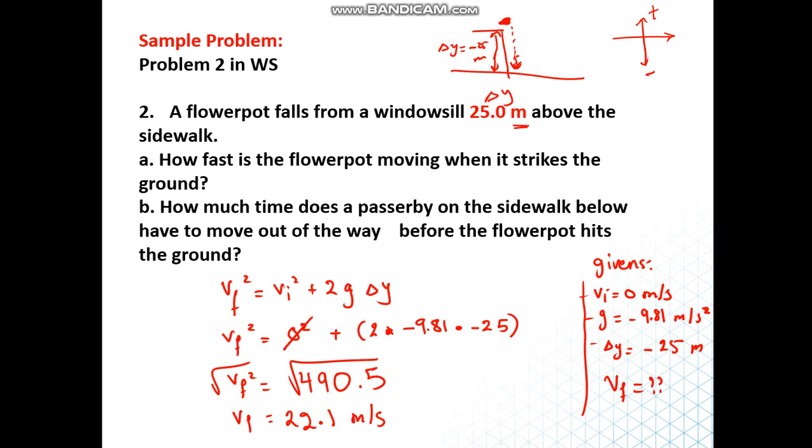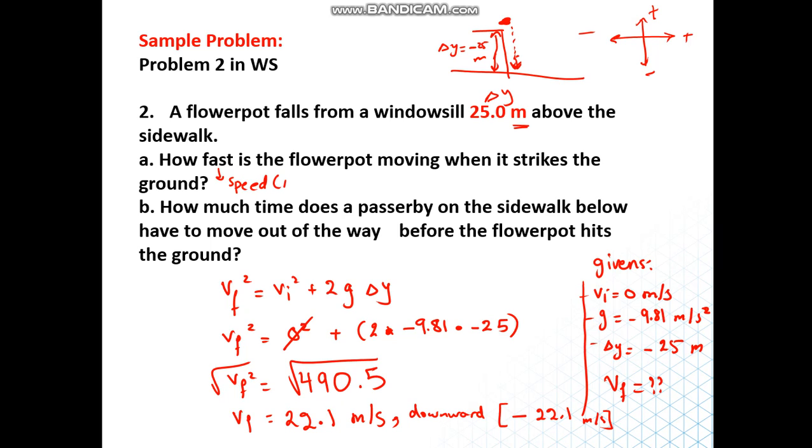Because this object is falling down and the downward direction is the negative direction all the time, we take the downward direction as negative direction in most of our problems. So this velocity actually is downward in direction, or negative. So either you write 22.1 meters per second downward or negative 22.1 meters per second.